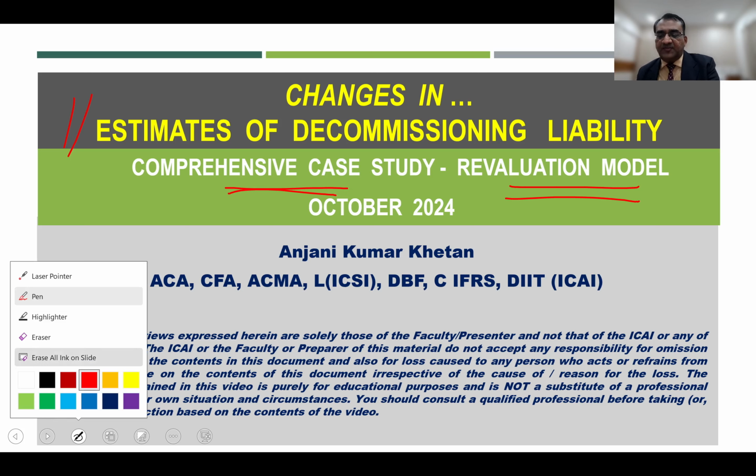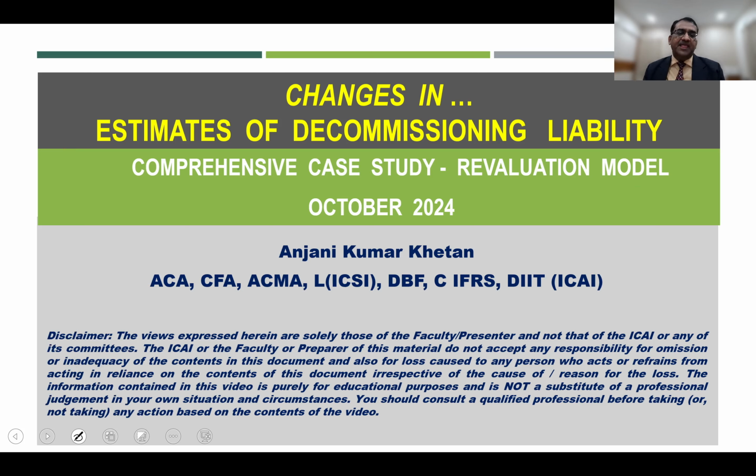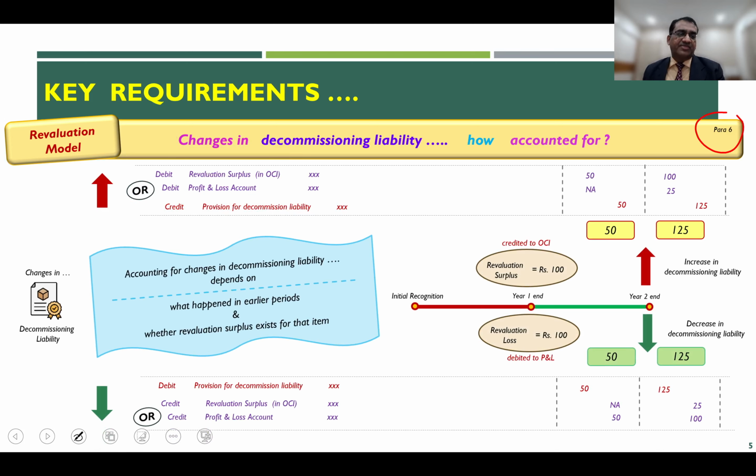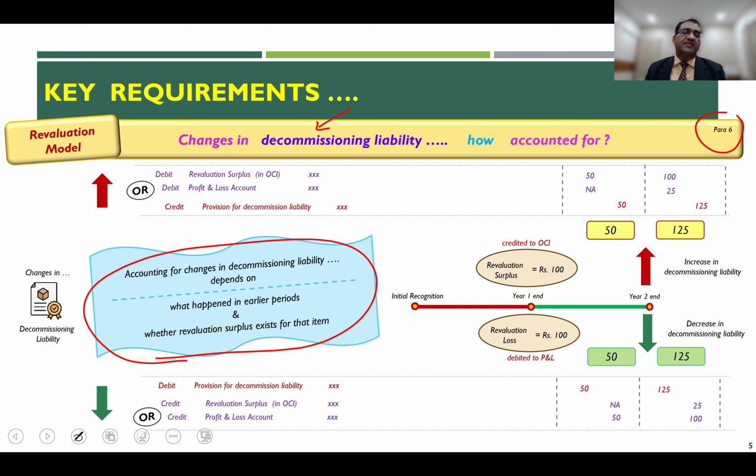As part of this video, we will look at just the comprehensive case study. But before that, just one simple slide. We have already talked about in the 3rd video last week that paragraph 6 of IFRIC 1 and or Appendix A to Ind AS 16, from an Ind AS perspective, requires that the change in decommissioning liability wherein the asset is being held under the revaluation model is dependent upon what has happened in the prior period.